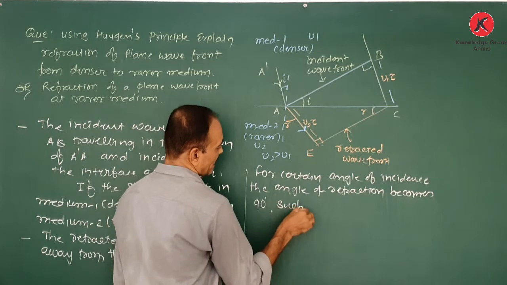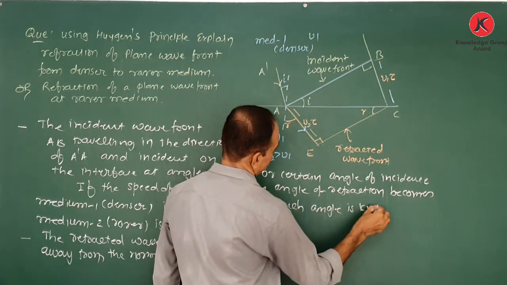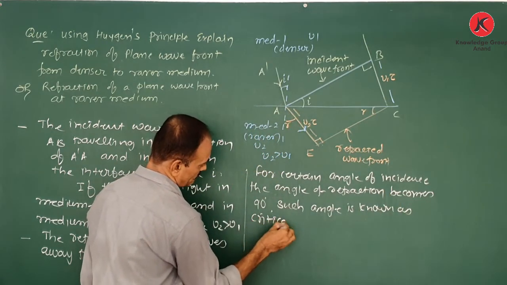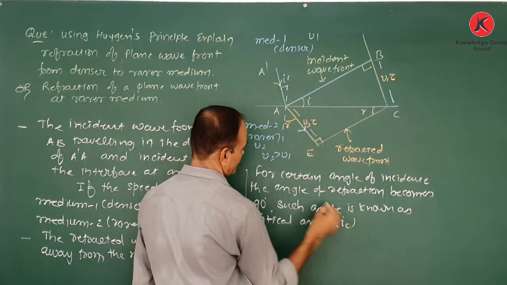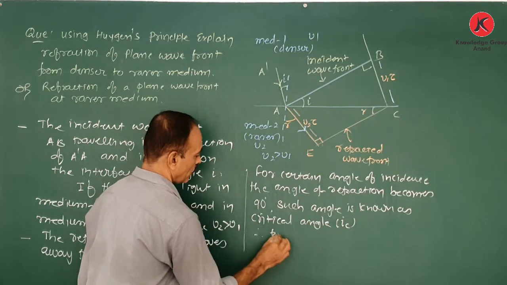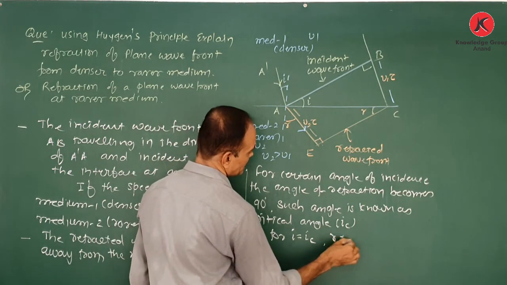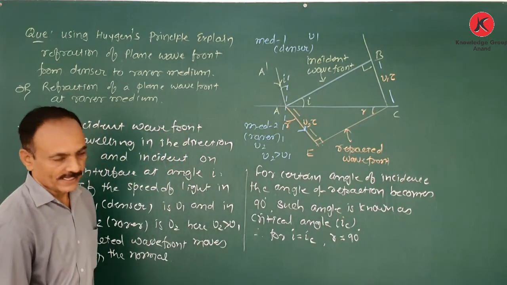Such an angle of incidence is known as the critical angle, IC. Therefore, I is equal to IC, R is equal to 90.